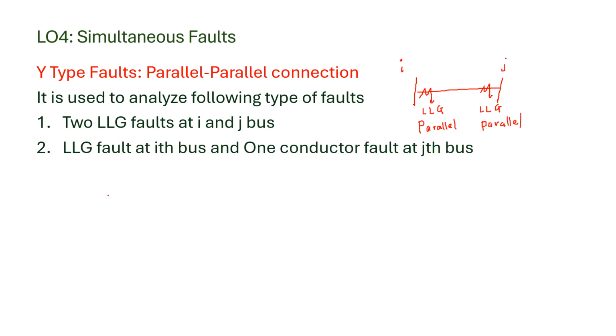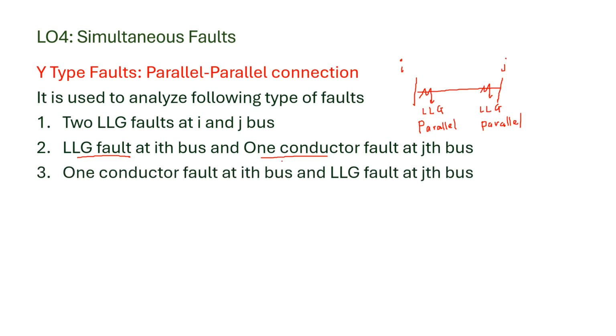Y type of fault, if there is an LLG fault at ith bus and one conductor fault at the jth bus, and these two faults are taken simultaneously, then it is also called as Y type of fault, as parallel connection. Because LLG, we have seen that the networks are connected in parallel, and for one conductor fault also the sequence networks are connected in parallel.